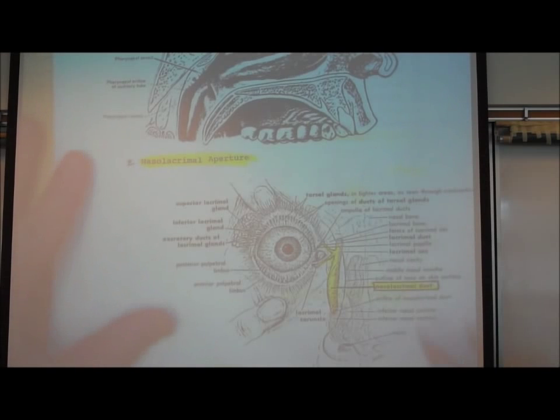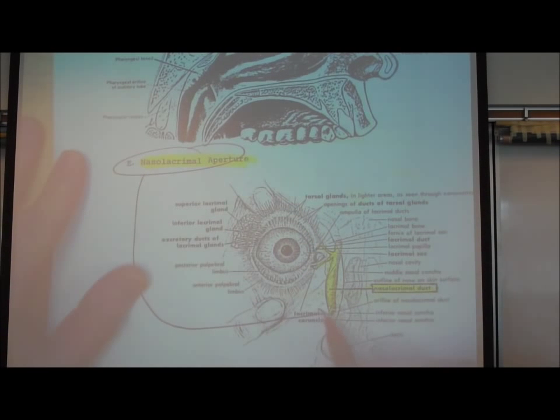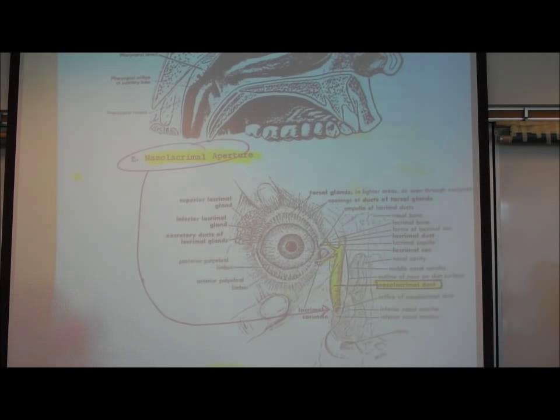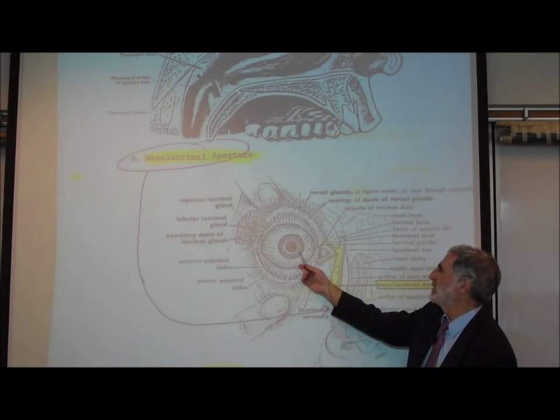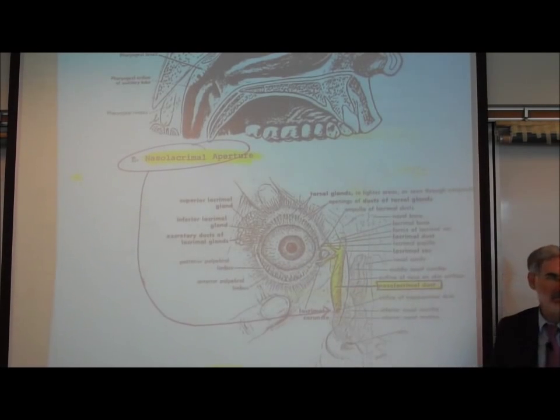Here it says orifice of nasolacrimal duct, in other words, the nasolacrimal aperture. An aperture is an opening. And we've explained that's why when you're tearing, when you're crying, your nose starts to run.